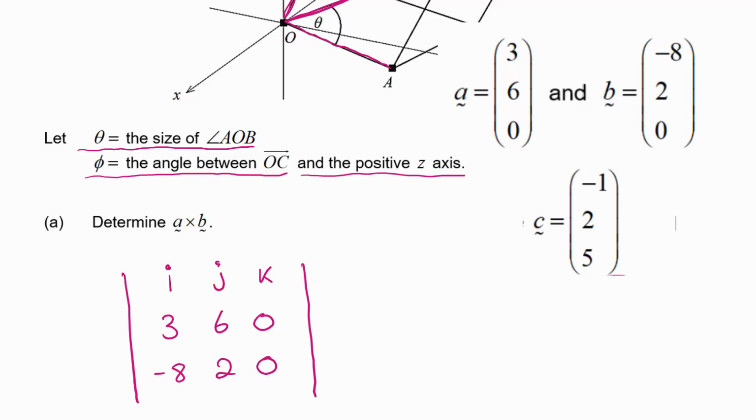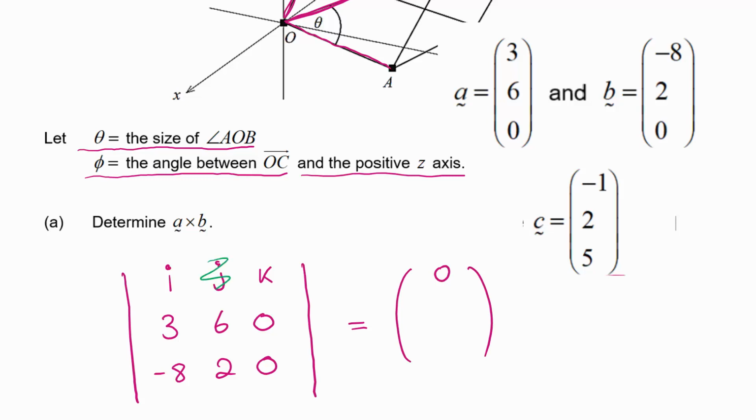And what we do to find the I component is we cross out the I row and column, and we work out the 2x2 determinant of what's left. So that would have been 6 times 0, take away 2 times 0, which of course is 0.